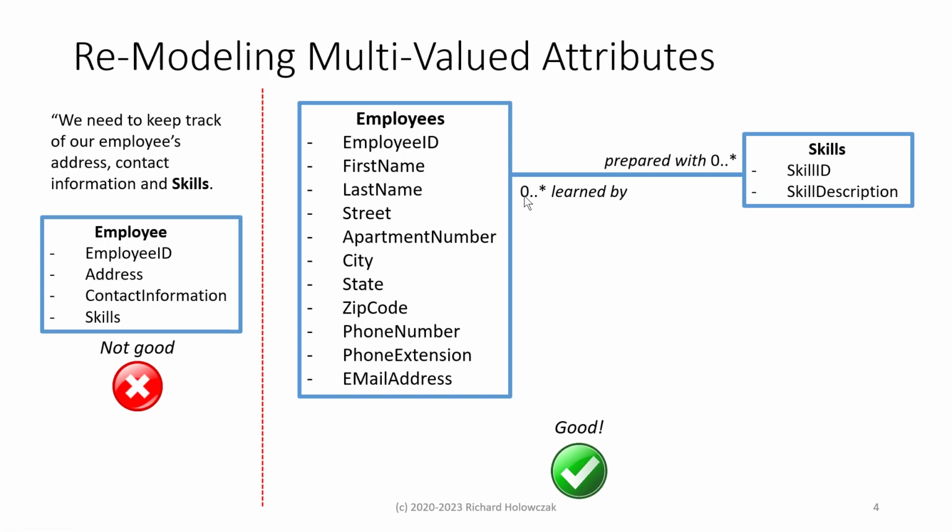It's okay for the model. We could have an employee that has 5 different skills. That's certainly fine. We could have an employee with no skills, and that also will fit in the model. So what we're trying to do here is make the model as general as possible so that we can accommodate all different combinations of employees and skills.